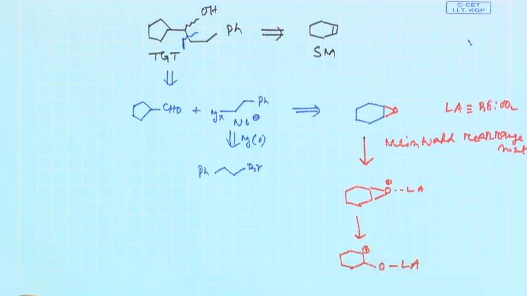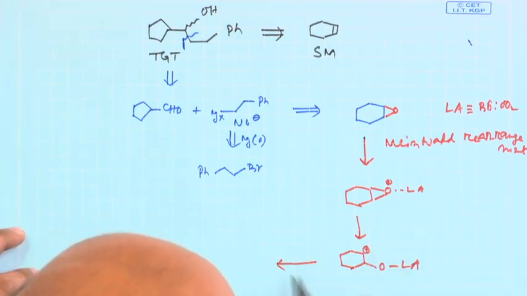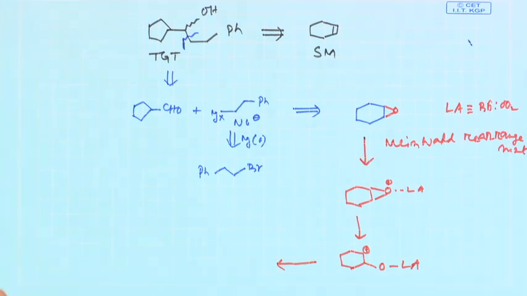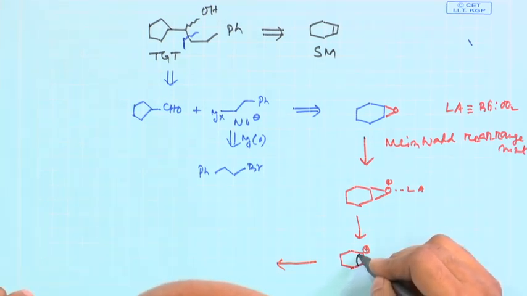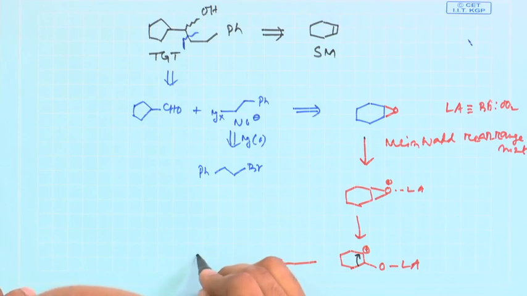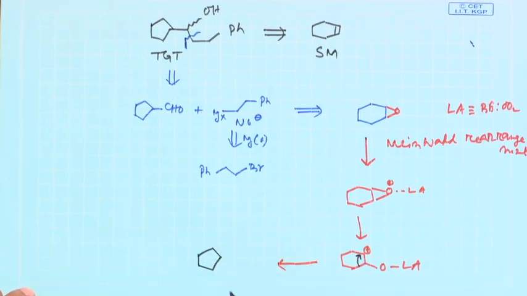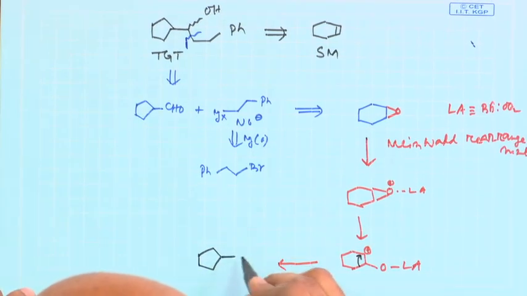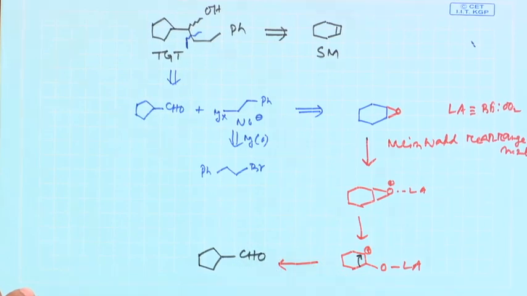carbocation here. Once this carbocation is generated, it undergoes a simple 1,2-migration, and that is the main factor giving you the product. Once it migrates, you have a ring-contracted product, and then the Lewis acid comes back and gives you the parent aldehyde.